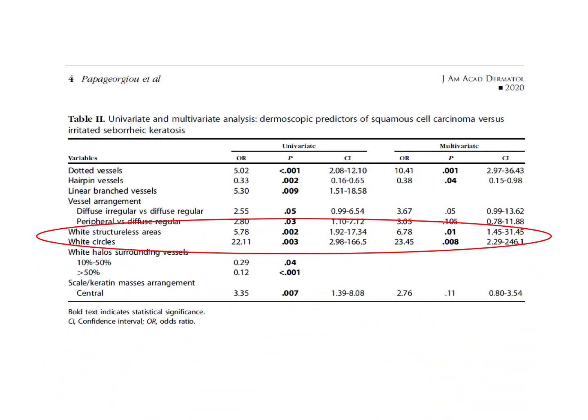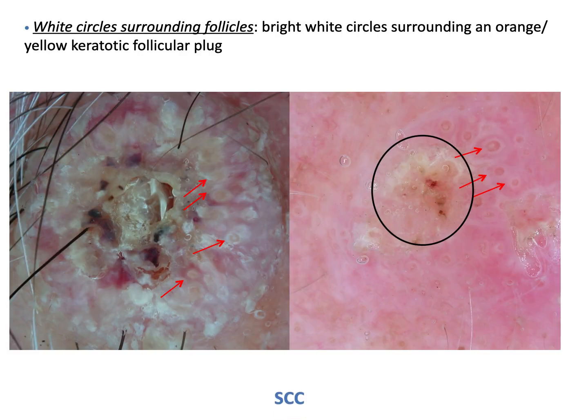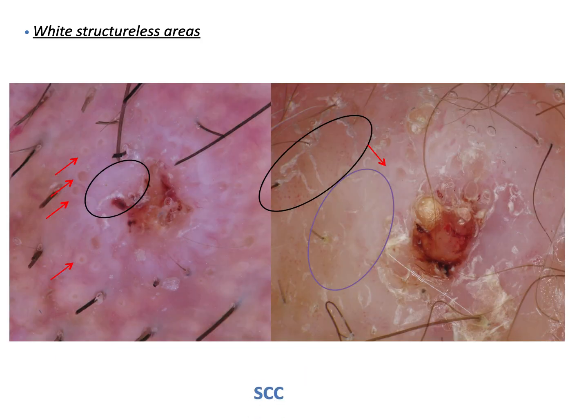Additional features that may help, if present, are the white structureless areas and the white circles, which are suggestive of a squamous cell carcinoma. It has been proved from previous studies that white circles are specific for SCCs, also confirmed in this study and seen in these SCCs. More or less the same holds for white structureless areas. When present, as in these lesions, they may suggest an SCC.